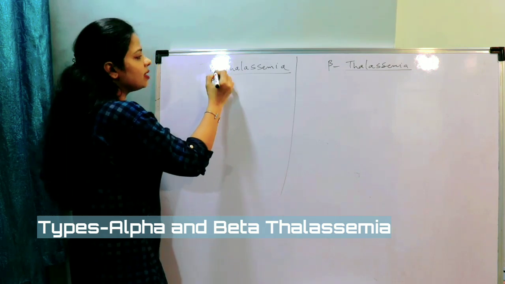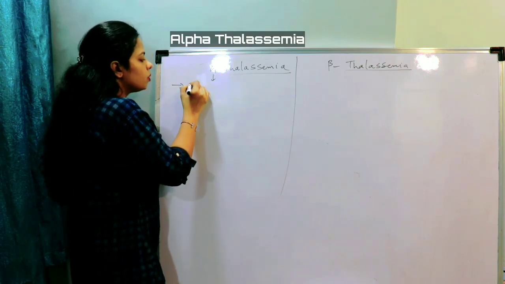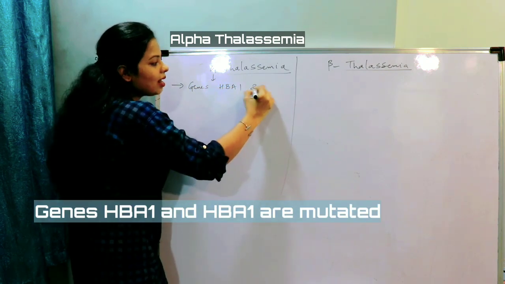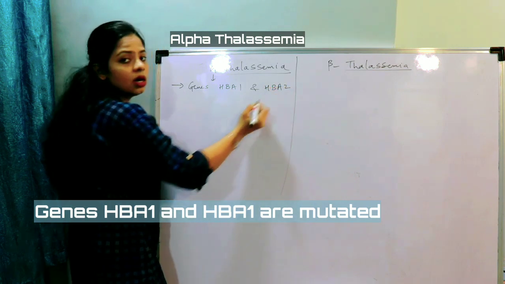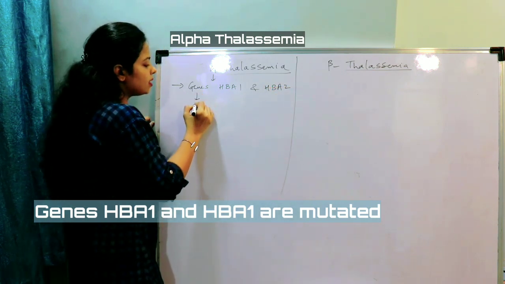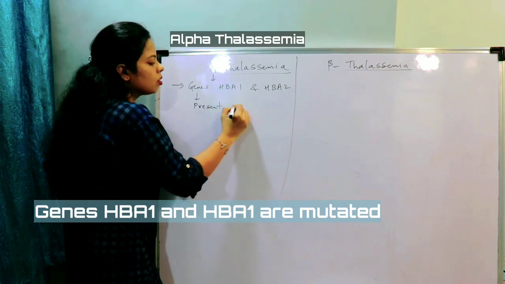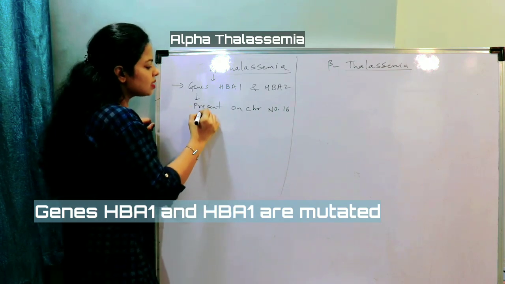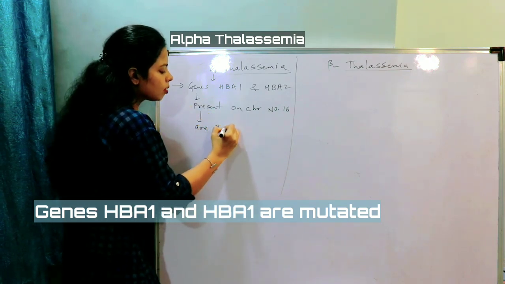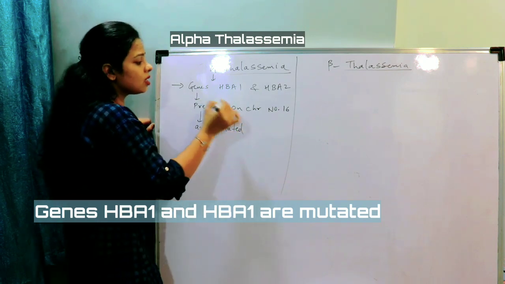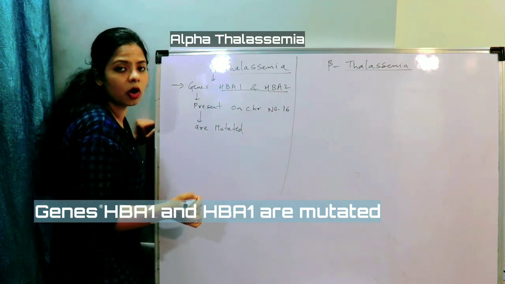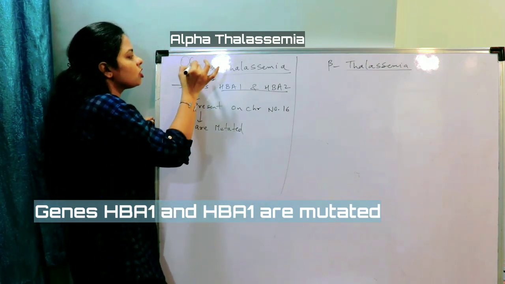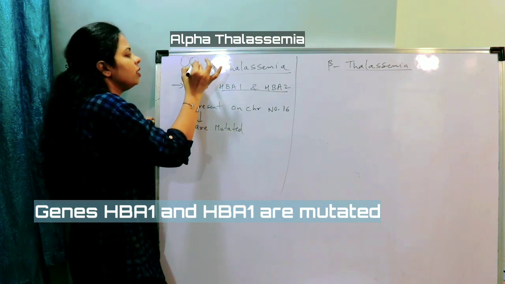In the first case, alpha thalassemia, the alleles of the genes HBA1 and HBA2, present on chromosome number 16, are mutated. Now these genes code for what? For the synthesis of the alpha chain of hemoglobin. You remember this structure: alpha 1, alpha 2, beta 1, beta 2.